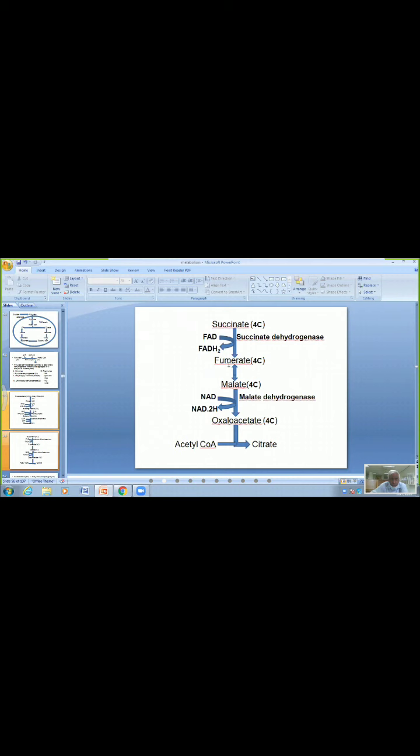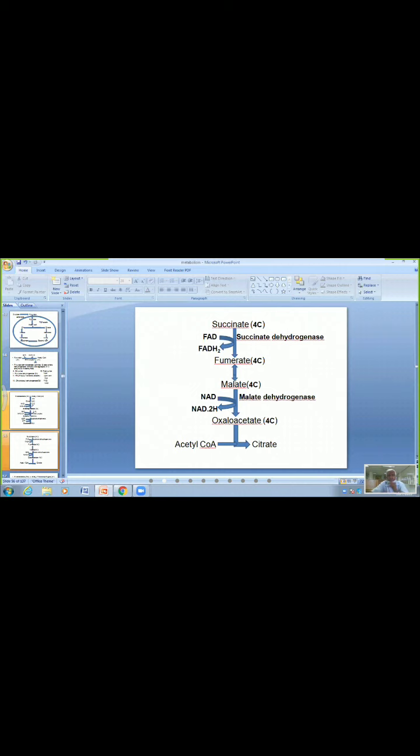Okay, succinate is converted to fumarate. The enzyme responsible is succinate dehydrogenase. The FAD is reduced to form reduced FAD. Then fumarate and malate are interconvertible.